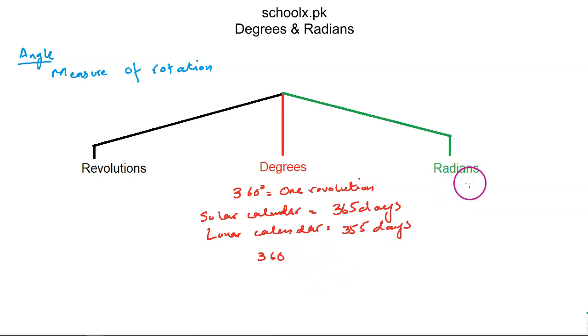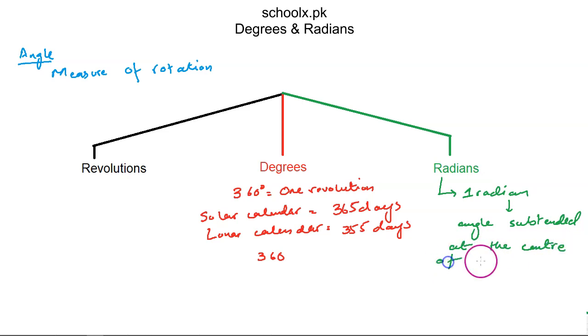And now moving on to the radians. Now radian is also measured rotation. Radian is the unit in which the angle is measured. The definition of radian is that 1 rad or 1 radian, it is the angle subtended at the center of a circle by an arc.